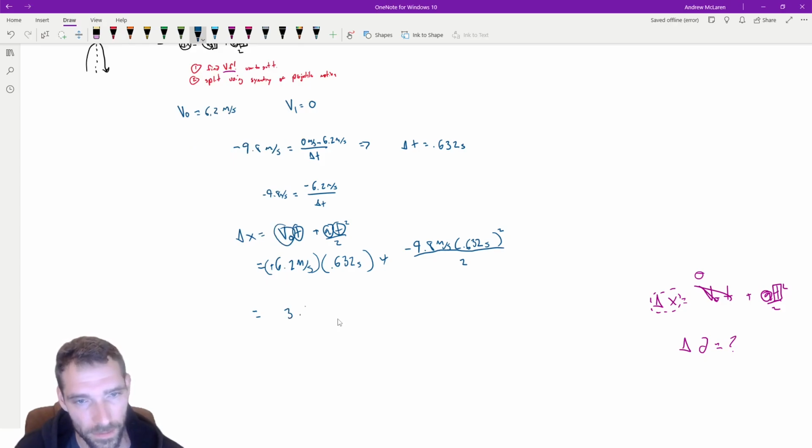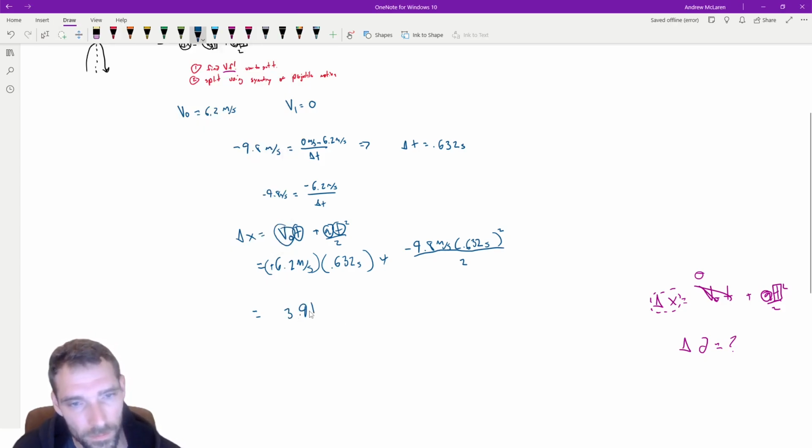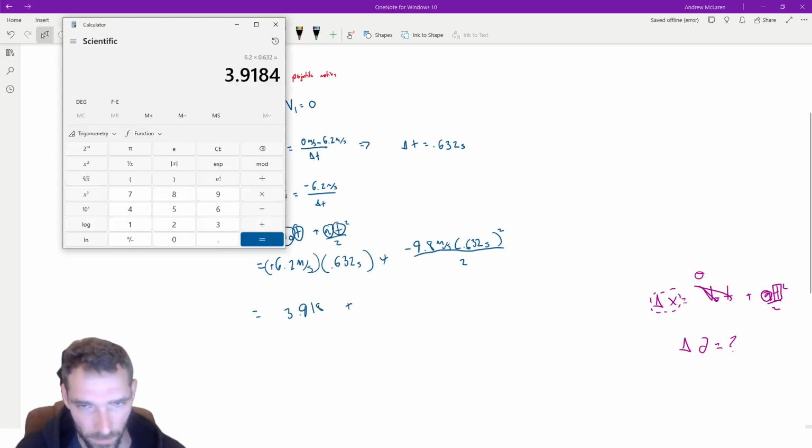And that's going to contribute this. And then we're going to have the 0.632 over here, which is being squared. So we'll go ahead and square that. Times that by 9.8, or negative 9.8. And divide that by 2.